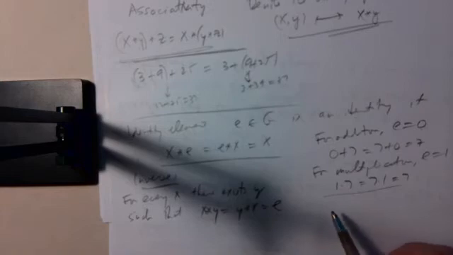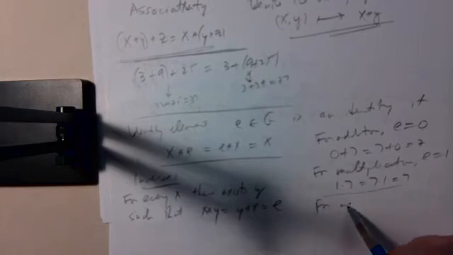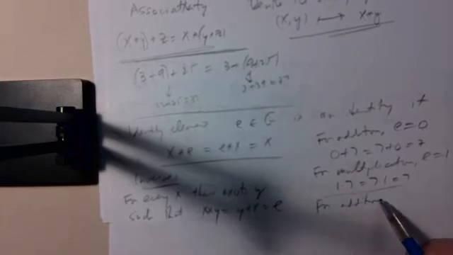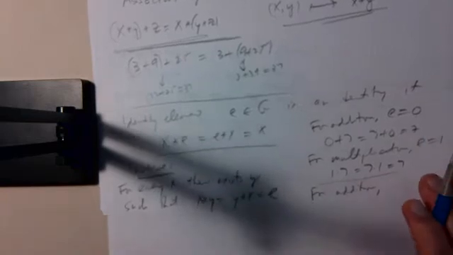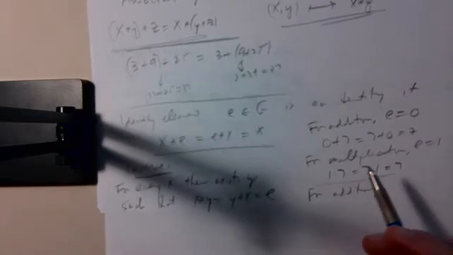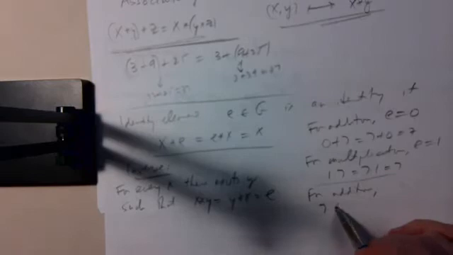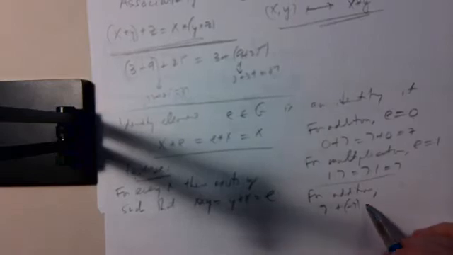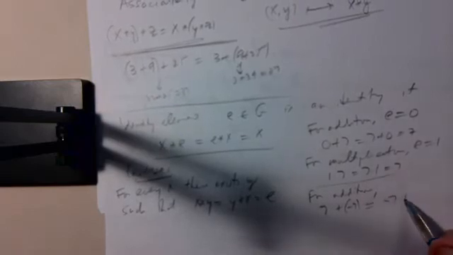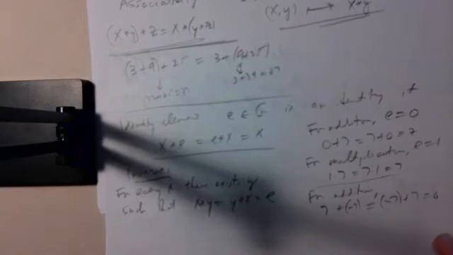So for example, for addition, the inverse of 7 is minus 7, because 7 plus minus 7 and minus 7 plus 7 are equal to 0.